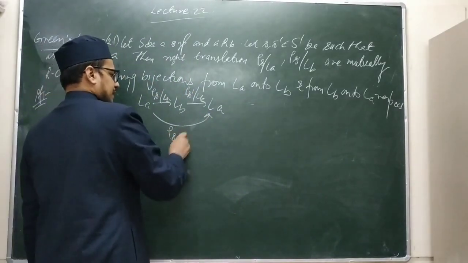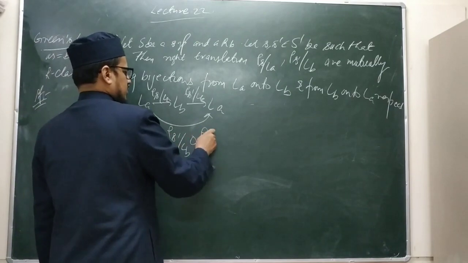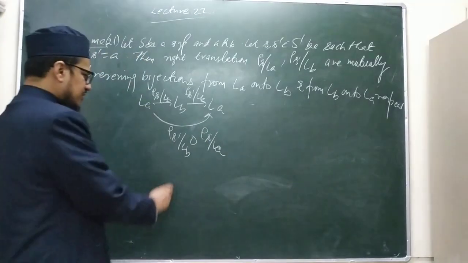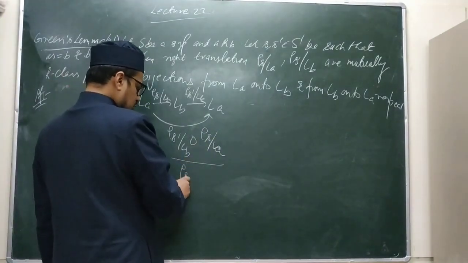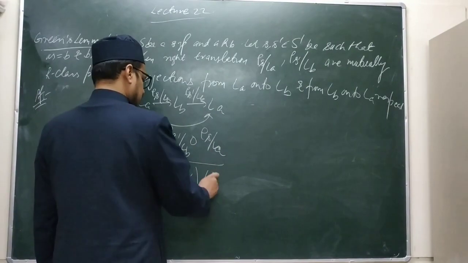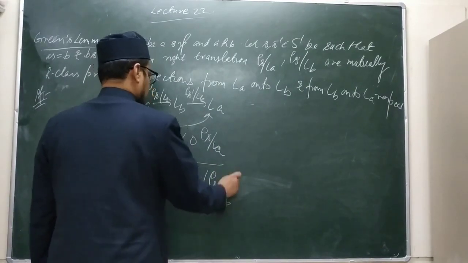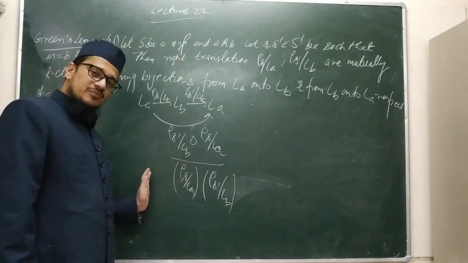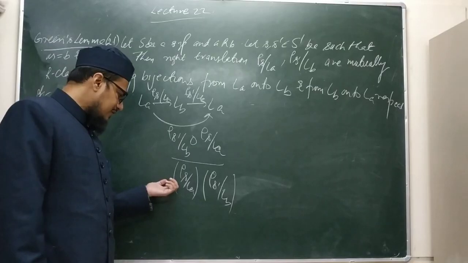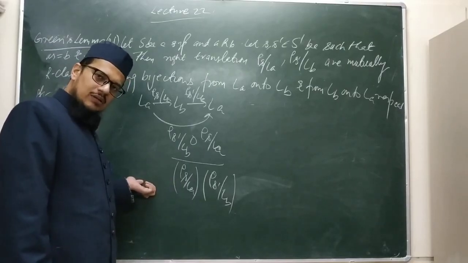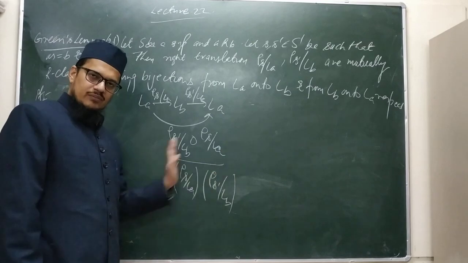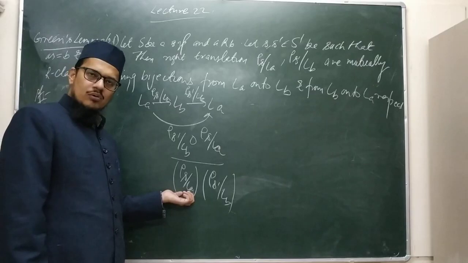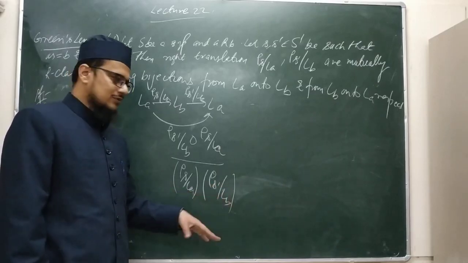Rho s dash by L B composition rho s by L A, correct? Basically we don't write like this, we just write rho s by L A into rho s dash by L B. Why? Because in this book elements are operating from the left side, not on the right side of the function. So therefore we have to take rho s by L A before, and after that we write rho s dash by L B. Correct? It's understood.